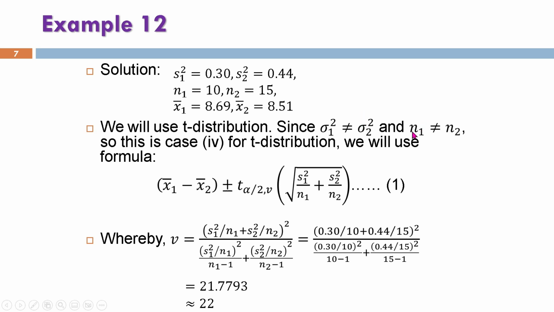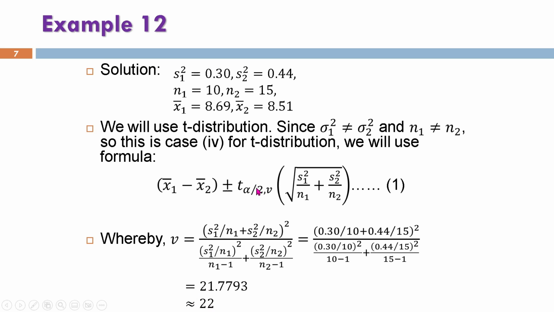However, both sample size are not the same, so we use the case 4 for the t distribution. We use this formula to calculate the nu. You can calculate by yourself, and we get it is approximately equal to 22.